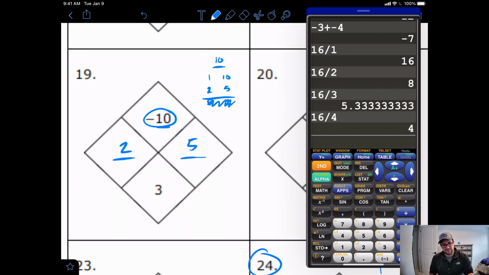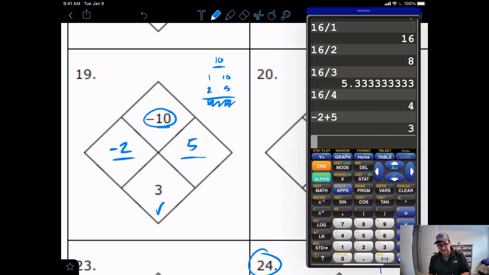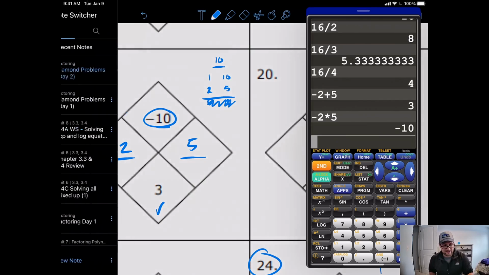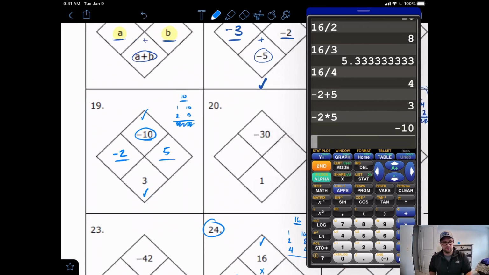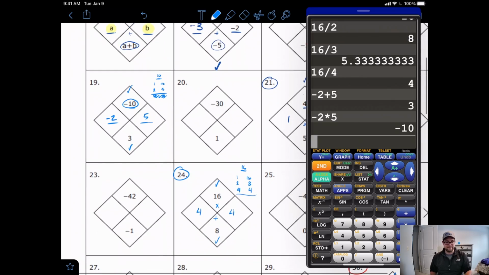So let's try that. If I put the negative on the 2, that would be like 5 take away 2, right? Or negative 2 plus 5, that would give us 3. Then we just want to check, does negative 2 times 5 equal negative 10? And it does. So those must be our numbers, and we're done.